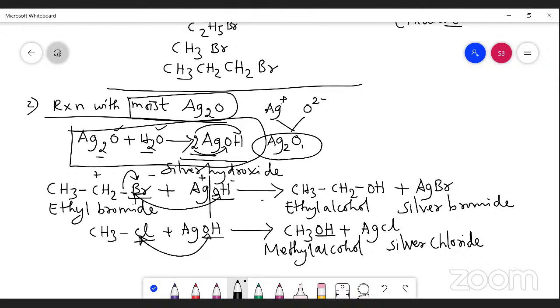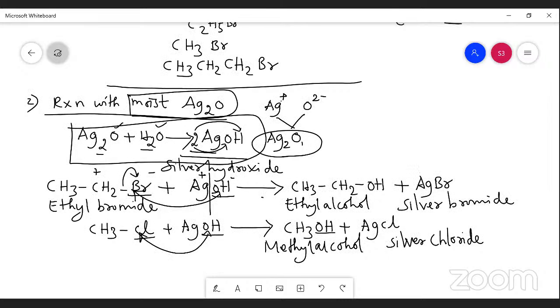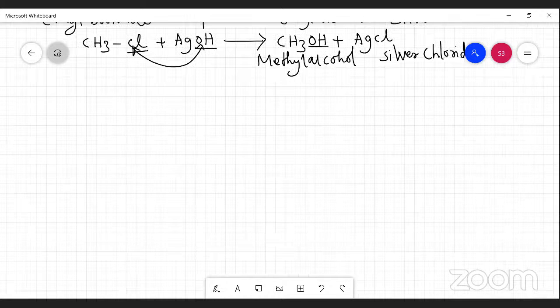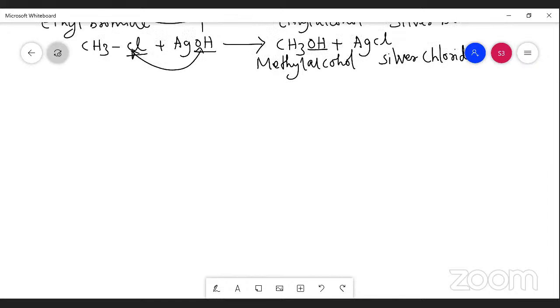So that's why I told you, first you write the conversion which reacts with the water molecule, then you go straight away with the haloalkane. Whatever may be the haloalkane, you add a silver hydroxide, you get a product. The second reaction, just we have seen, water, silver hydroxide. Okay, moist silver oxide or otherwise.